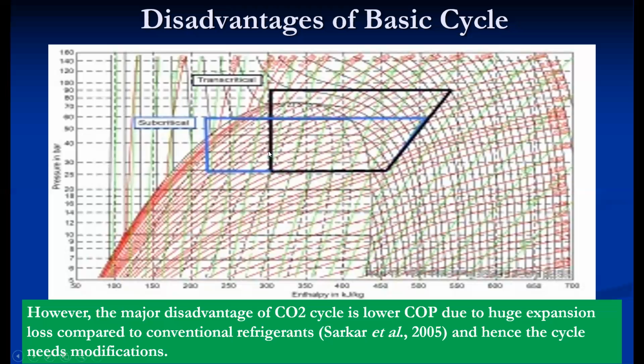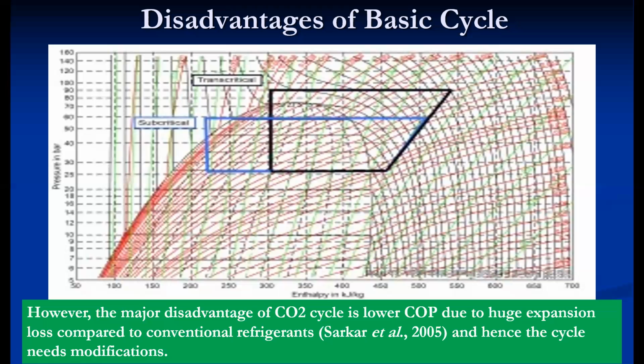So how can we minimize these losses? All the modifications must result in shifting point 4 towards the left. Even a 10% shift of this point increases COP by 10%. So the cycle needs modification for better performance.